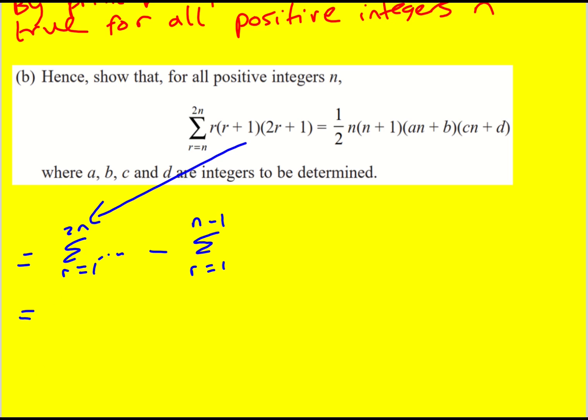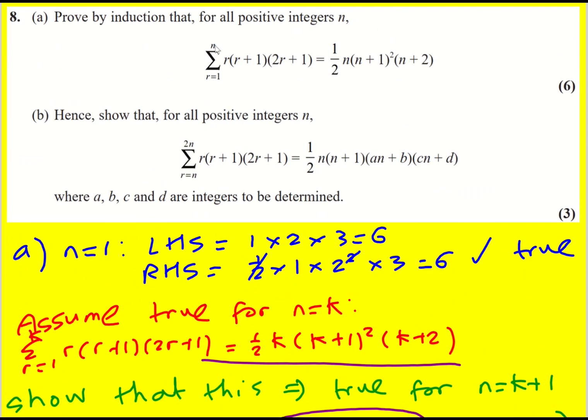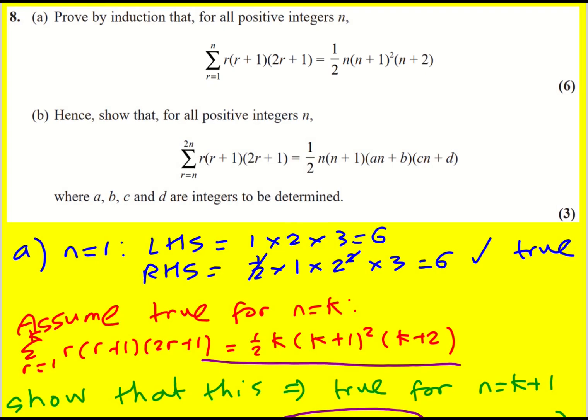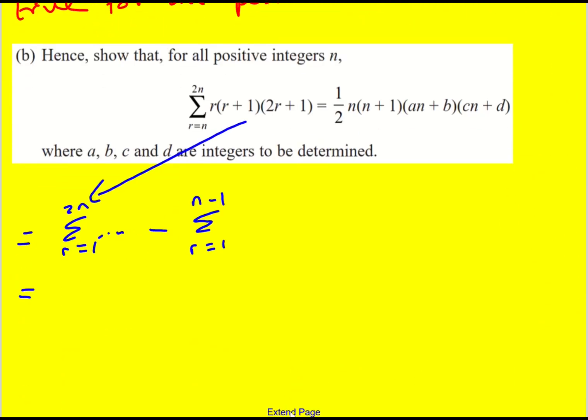So what I can do now is take the result that we've proven and just sub in for those two instances. I'm going to sub in n equal to 2n into this formula, and then n minus 1.